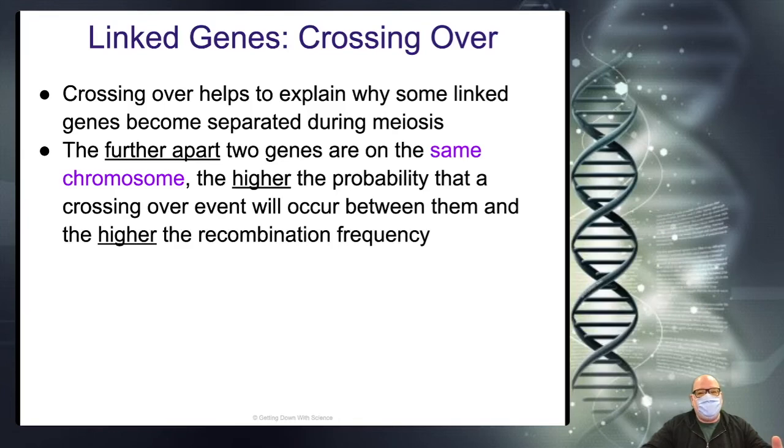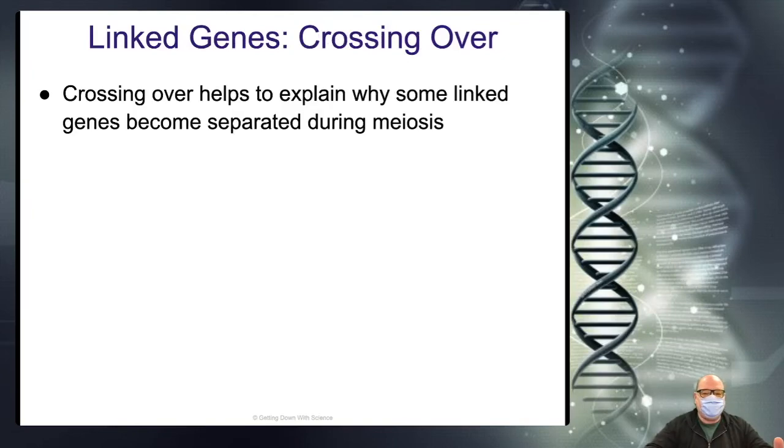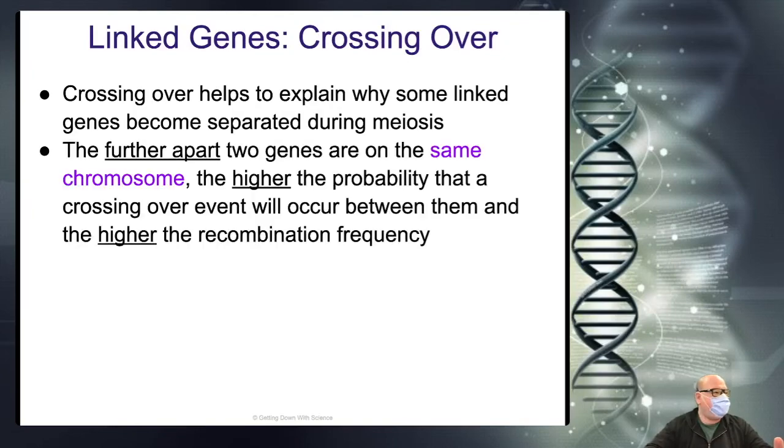So, was that too fast? Tor, are you good? Okay. So crossover explains why some linked genes become separated and they're not completely linked.